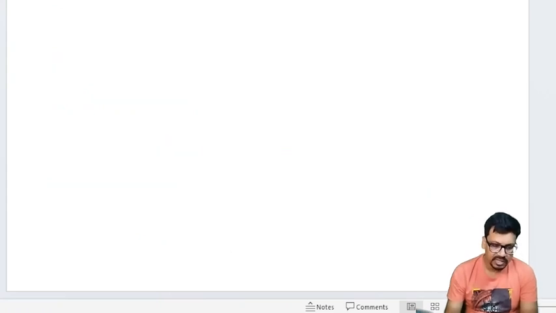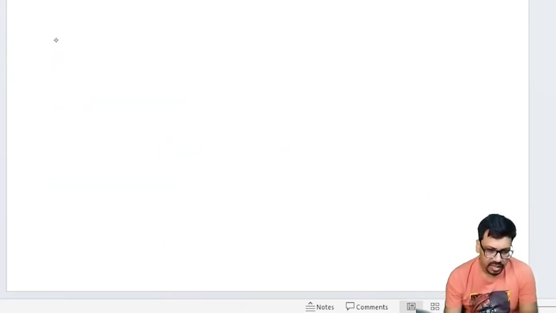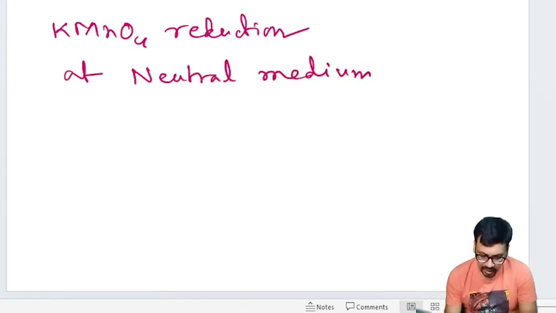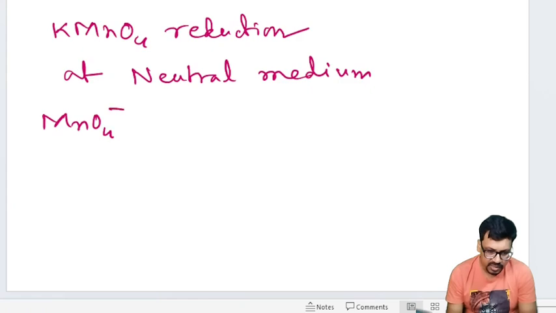My next example is the reduction of KMnO4 in neutral medium. In the neutral medium, MnO4 minus is reduced to MnO2.